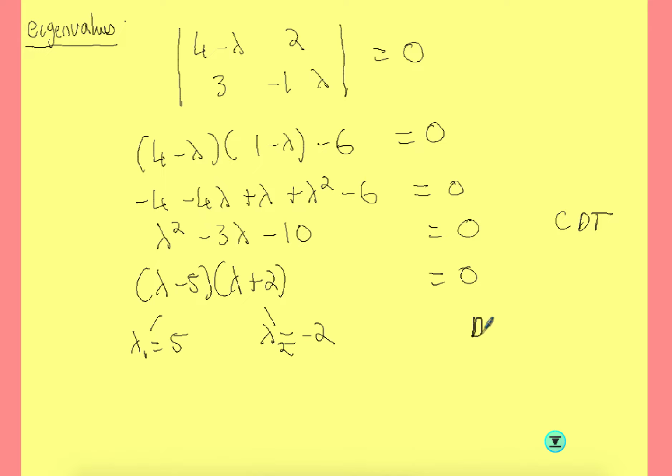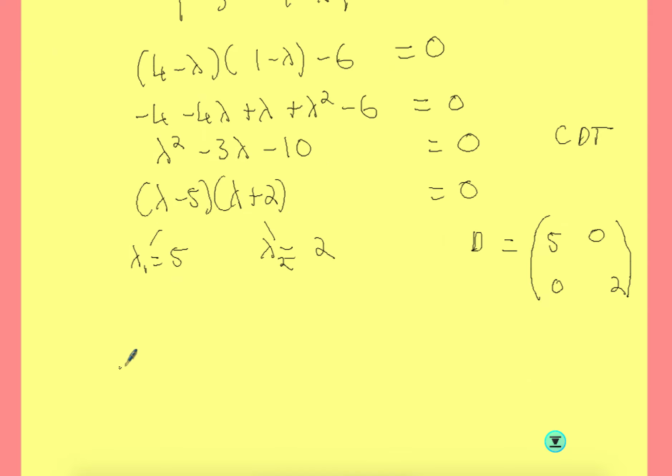Our diagonal matrix is made up of our eigenvalues. So you get 0 and 0 here, and you put your eigenvalues in. Now your eigenvalues can go in either order. All that matters is that later on your eigenvectors correspond to it. So I'm just going to put it in as 5 in this bit, and negative 2 in this bit. Right, so that means that the eigenvector corresponding to 5 has to be in this column, and the eigenvector corresponding to negative 2 has to be in this column.